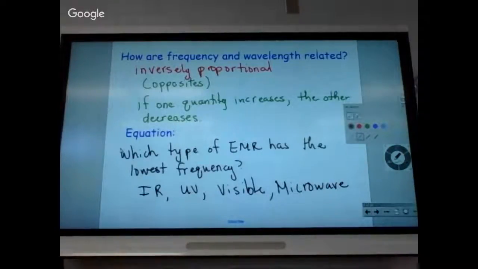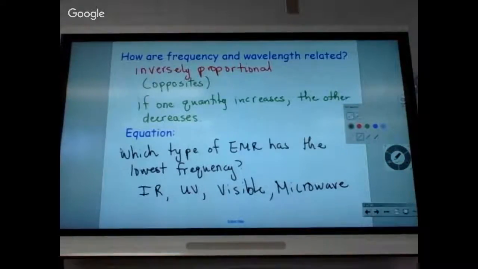How would I figure it out? What is the longest wavelength? First thing I do is pull out my chart, your reference table. I don't expect anybody to know this off the top of their head.